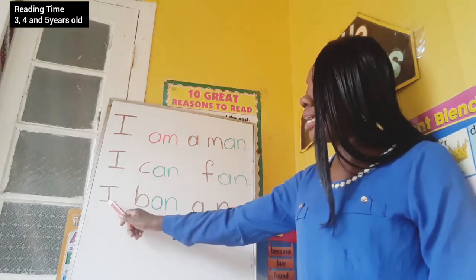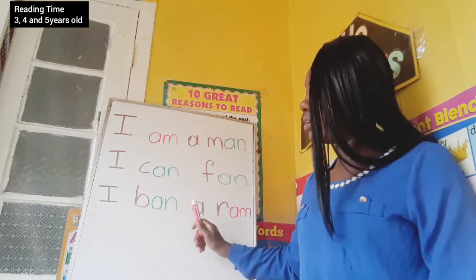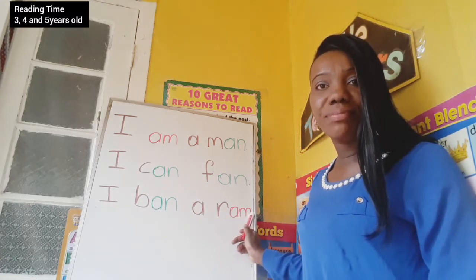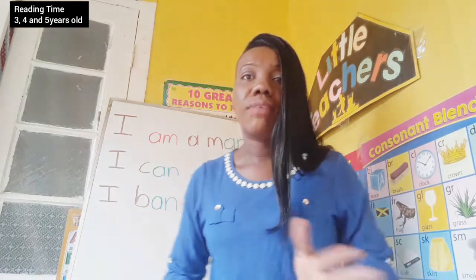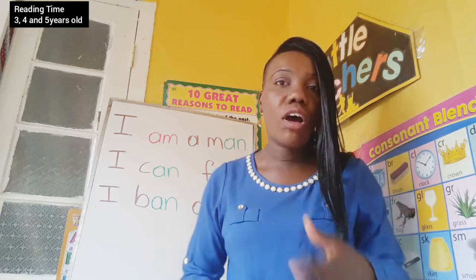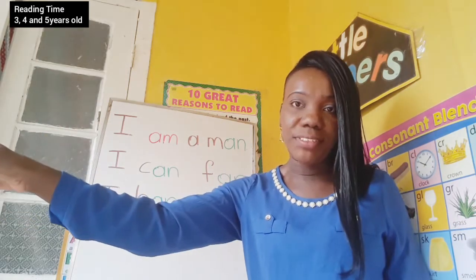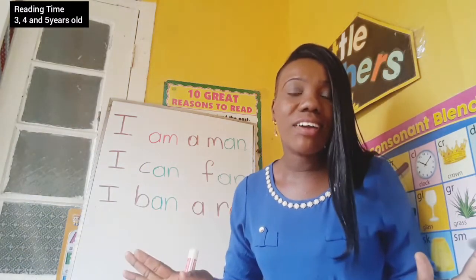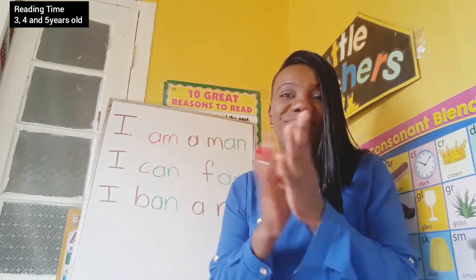So let's read it. I ban a ram. And a ram can be a male goat. So if the goat is trying to come over to your house or to your yard, you ban it. You stop it from coming. So you give him a ban. So, very good, boys and girls. You're reading. I'm so proud of you.